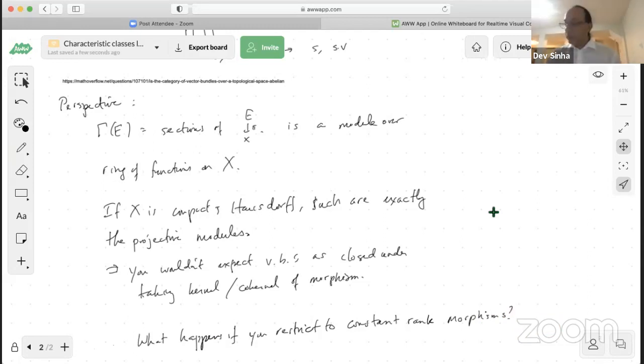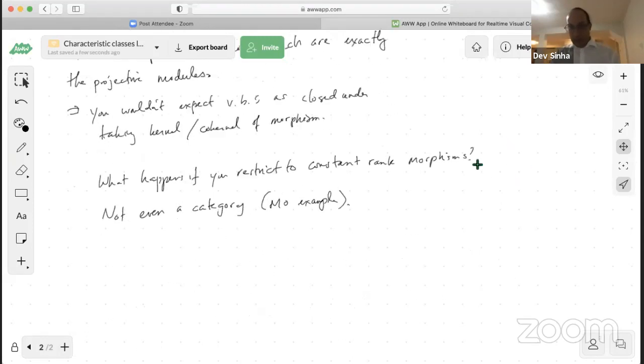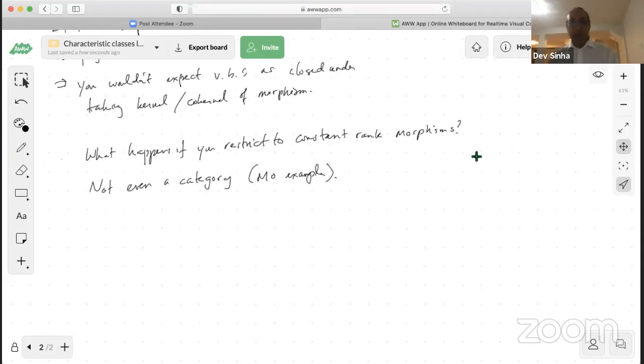Again, this is not even a category. I hadn't seen the example on Math Overflow before doing my prep for today's lecture, but that's kind of fun. It's though over non-compact spaces, so let me call it an exercise question.